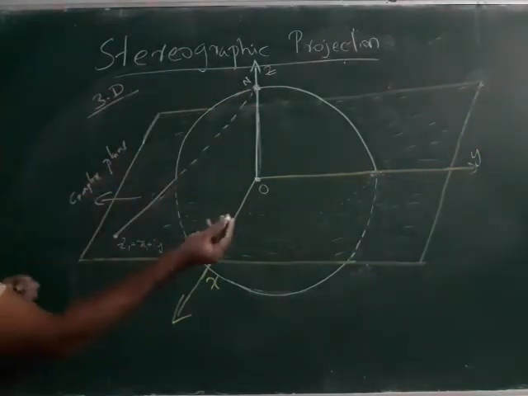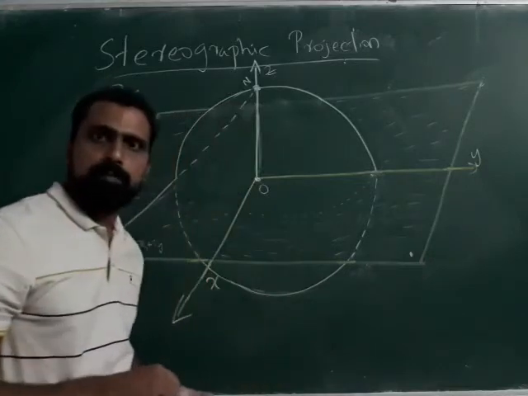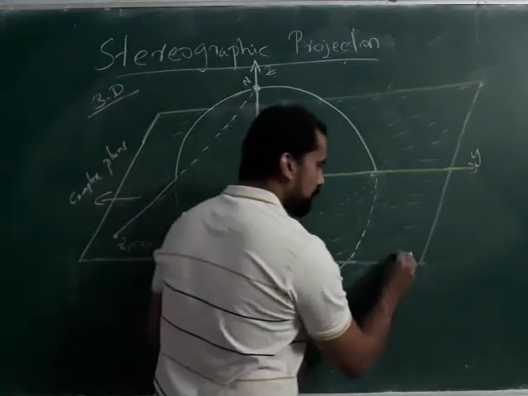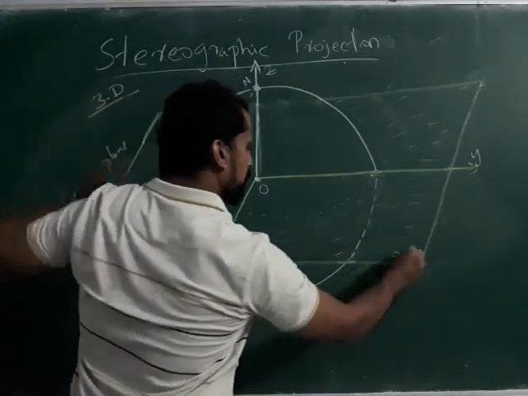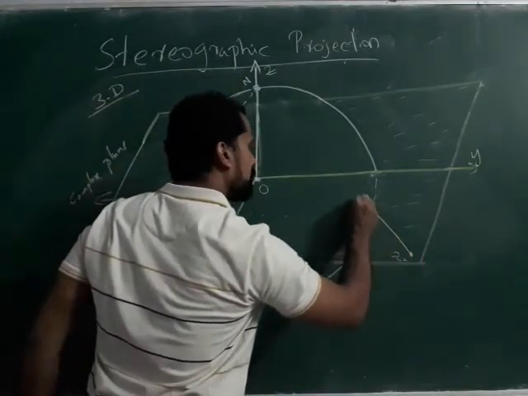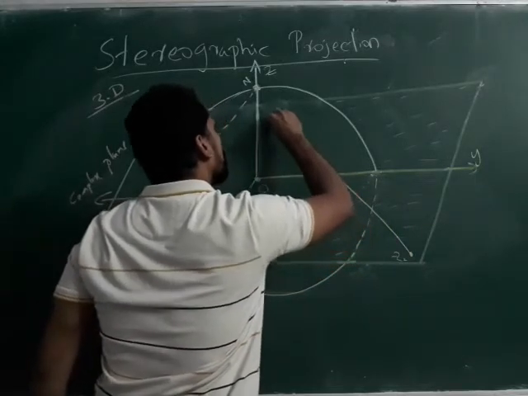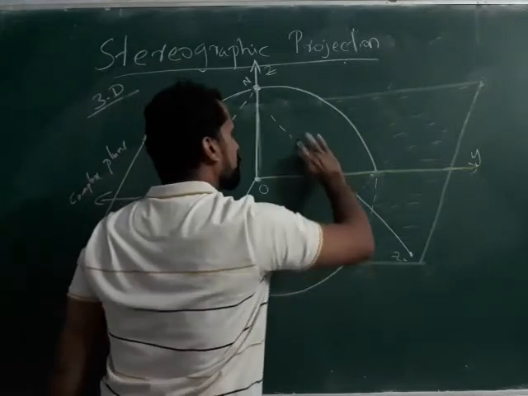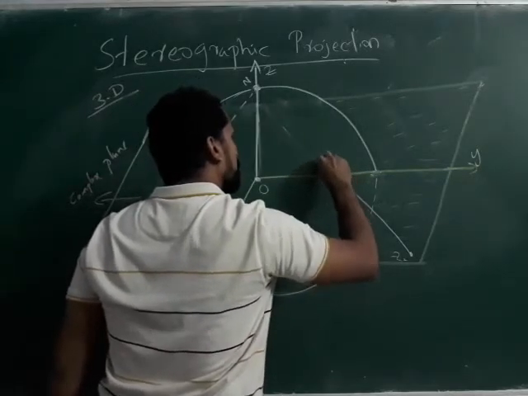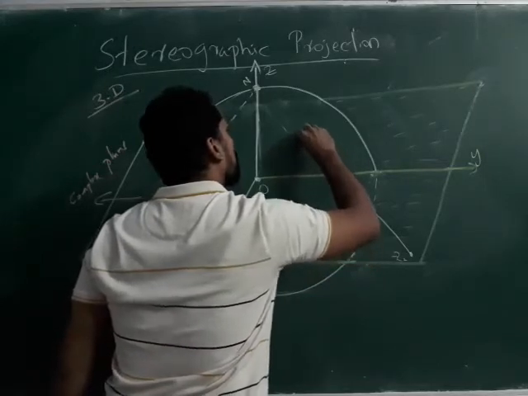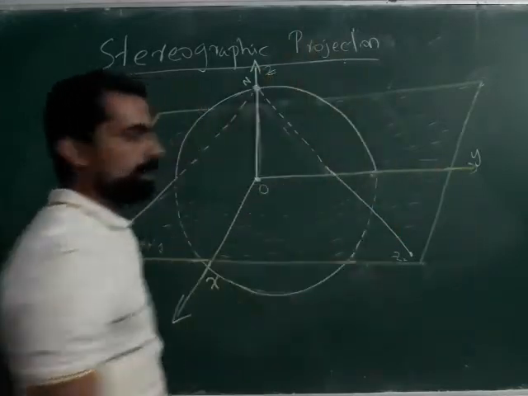If you have some other point, maybe you have a point here, another point I am putting as z2. So make a line from this point, then after that it is going like that.